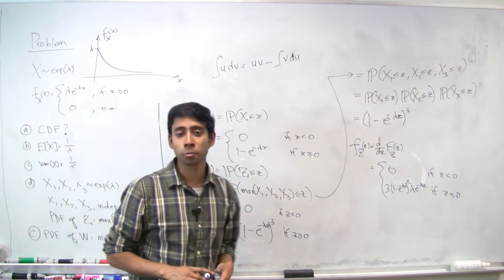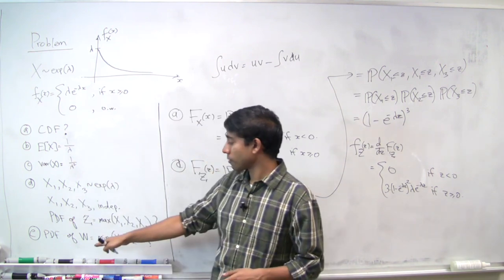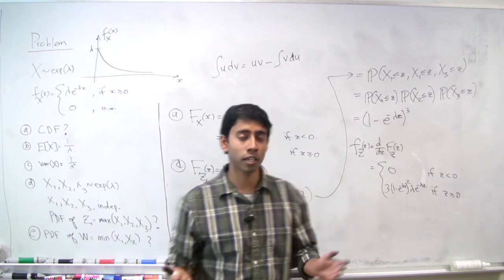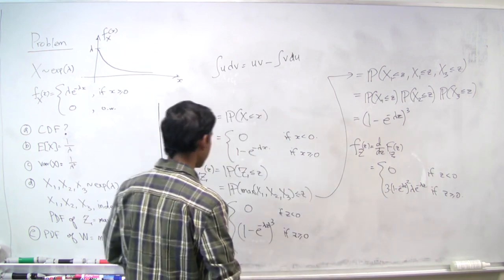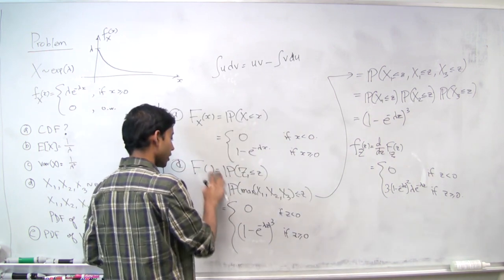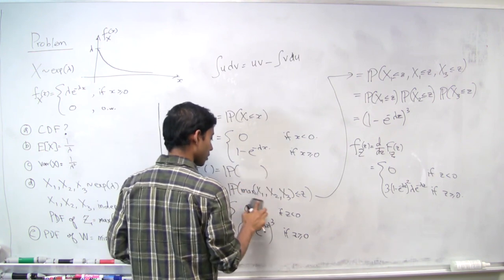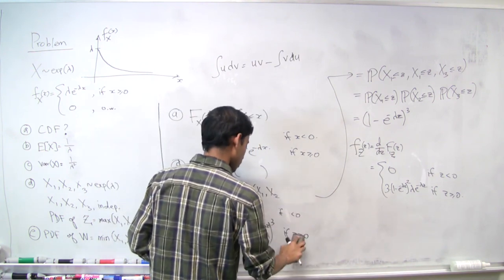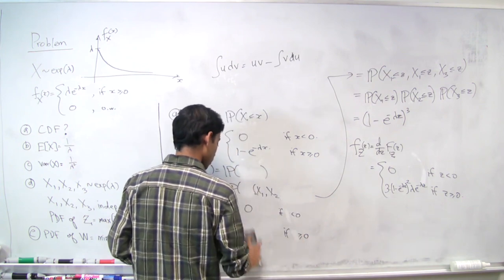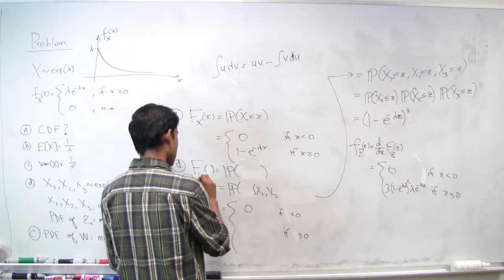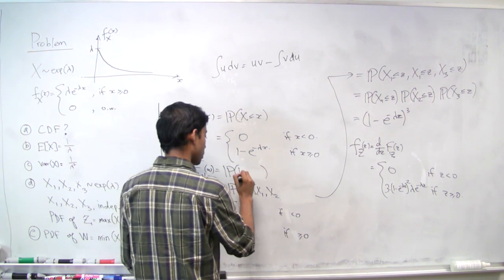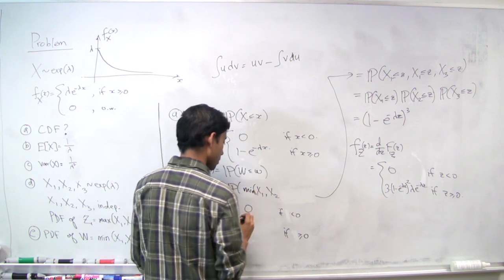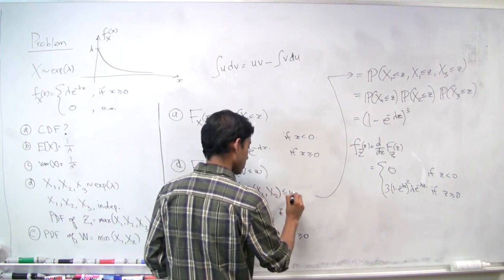Okay, so last problem. We're looking for the PDF of w, which is the min of x1 and x2. So let's try a similar approach. Try the same thing, actually. See if it works. The probability that the min is less than or equal to w.